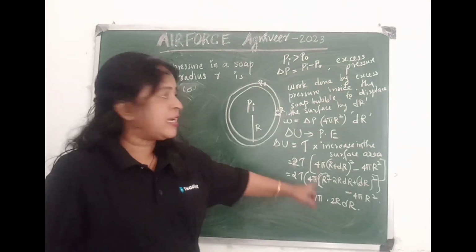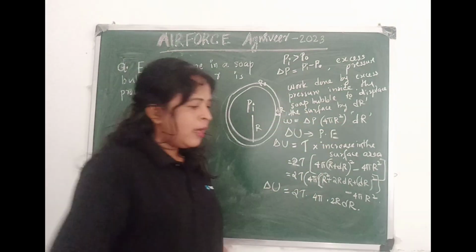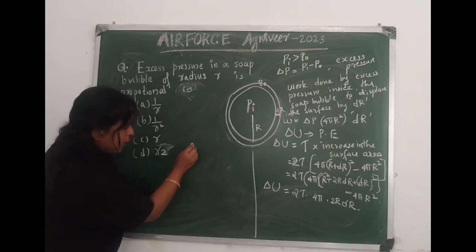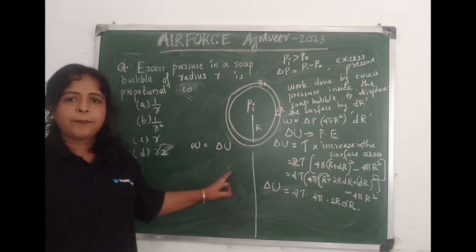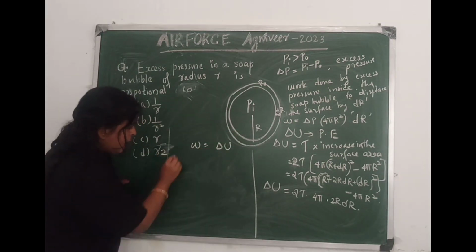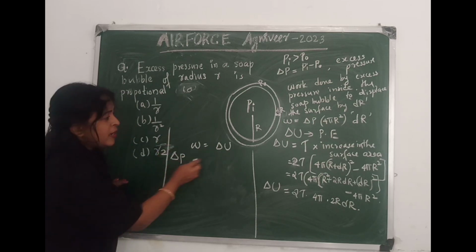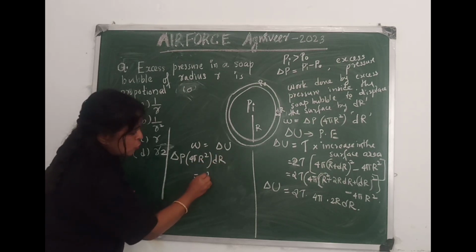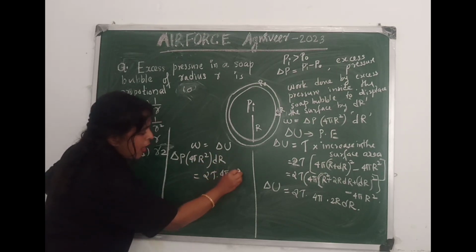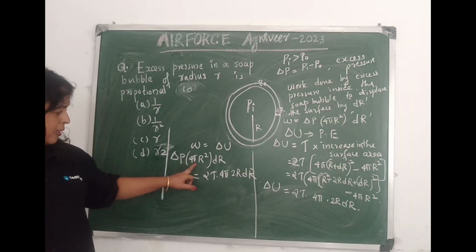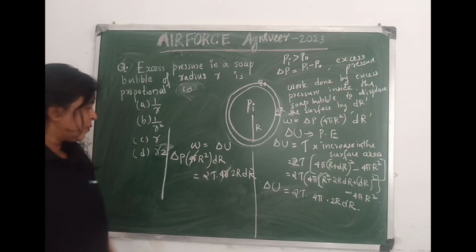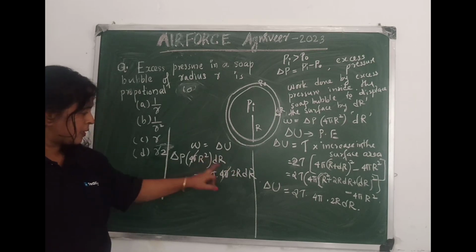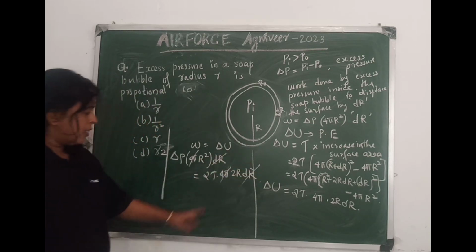This increase in potential energy must be equal to the work done. Therefore, work done equals increase in potential energy: delta P into 4 pi r square dr equals 2T into 4 pi into 2r dr. Here the 4 pi cancel each other, one r cancels from r square, and dr cancels.